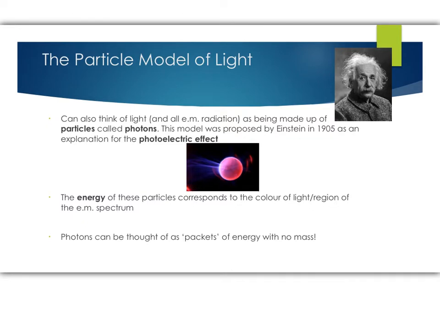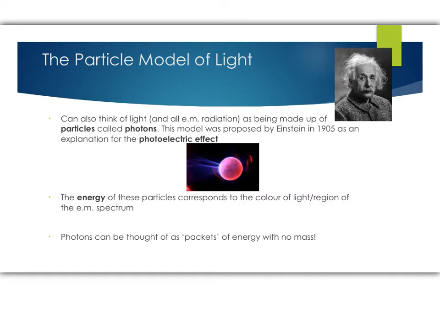Something you might not have come across before is the particle model or the particle theory of light. This was put forward by Einstein in the early 20th century because he'd observed some phenomena that just couldn't be explained if you thought of light just as being made up of waves. Instead, he put forward the idea that you can also think of light as being made up of particles that we call photons.